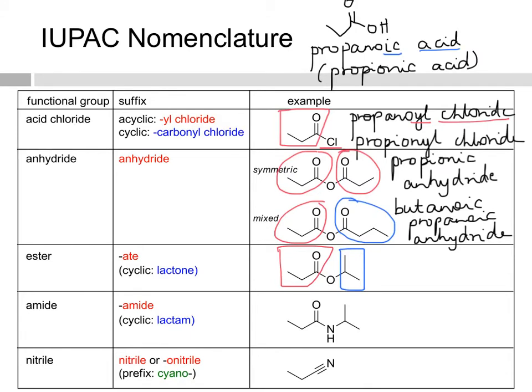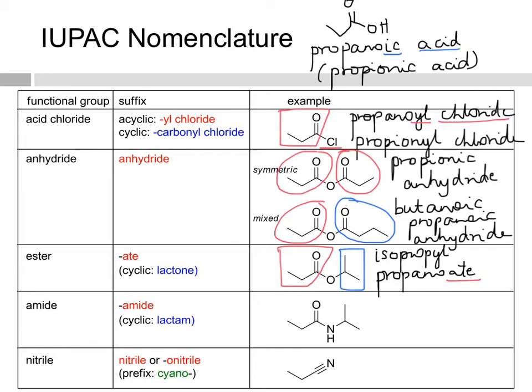You always start with the R group that's on the ester. So we start with isopropyl, and then we put the parent carboxylic acid name, which is propanoate. So again, we've replaced the -ic acid with -ate.